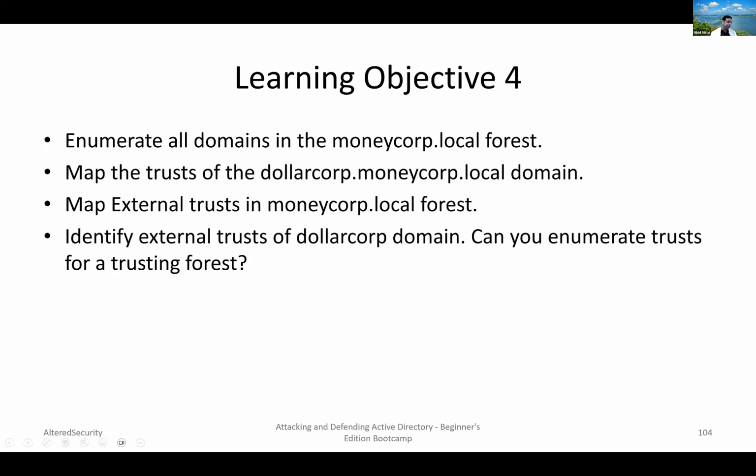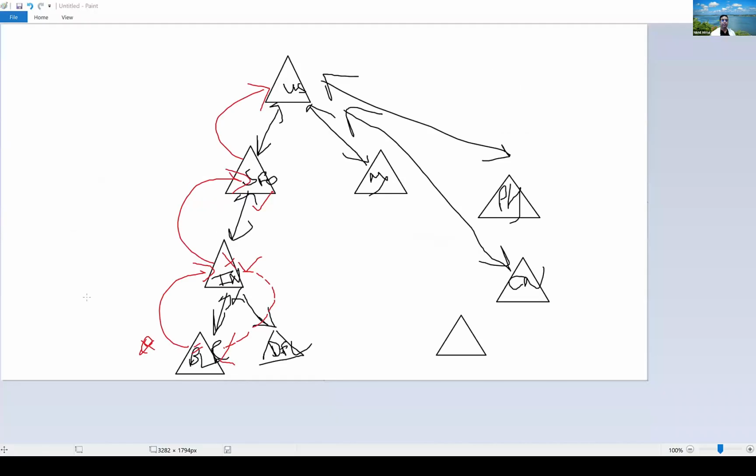So the idea is that with a single command or just a couple of commands, you can take a look at an entire organization. You can map out an attack path just like that. For example, let's say this is MoneyCorp.